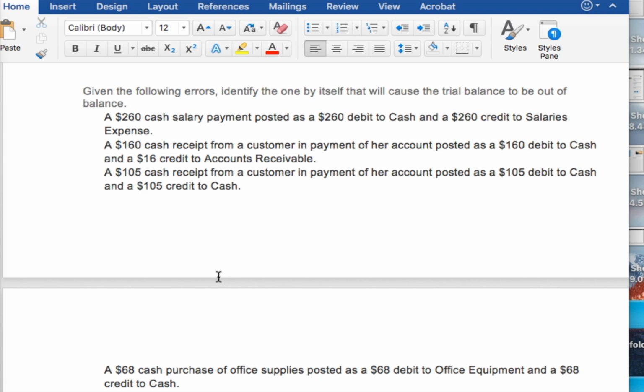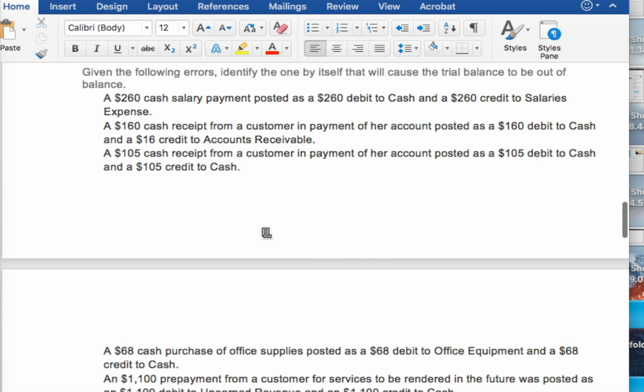Okay, next question. I included the answer choices. See if I can get them all on the screen here. Given the following errors, identify the one by itself that will cause the trial balance to be out of balance. Okay, so trial balance, if you remember what I said, what we're looking for is, do debits equal credits?